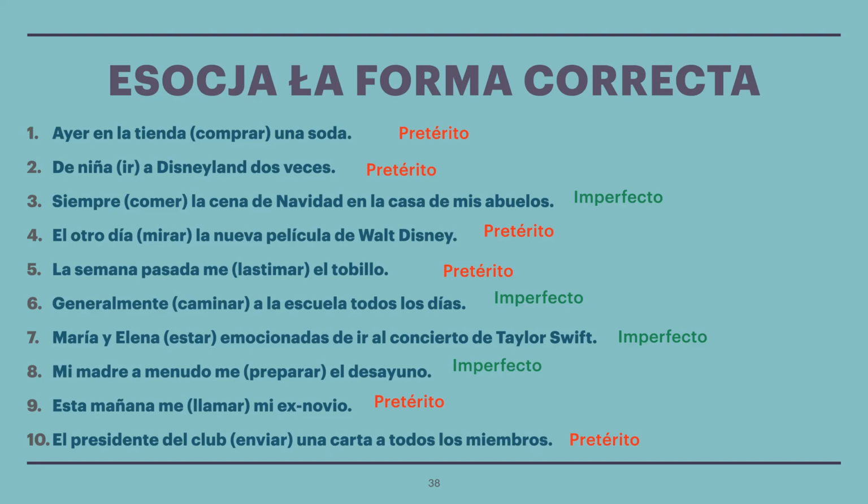And there are no exceptions there, so usamos el imperfecto con un verbo de no acción. Número 8, a menudo es una de estas palabras auxiliares que indican el imperfecto. Número 9, esta mañana, so a time constraint there, nos indica el pretérito. Y número 10, el presidente del club envió una carta a todos los miembros.